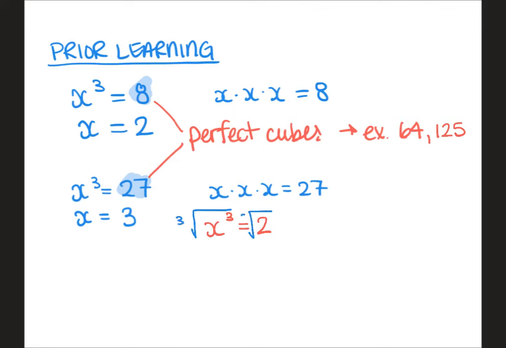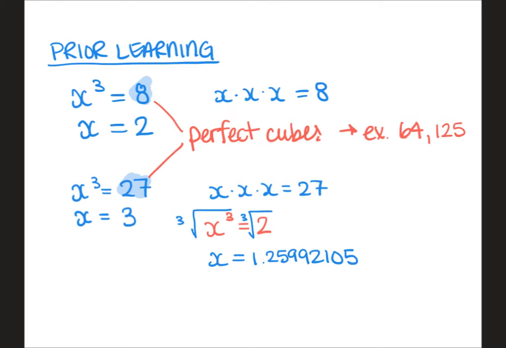That cube root is going to help us isolate the variable x, since it undoes the cubing. So we can put in the cube root of 2 to solve for x. When we put that into our calculator, we get that x is equal to 1.25992105.